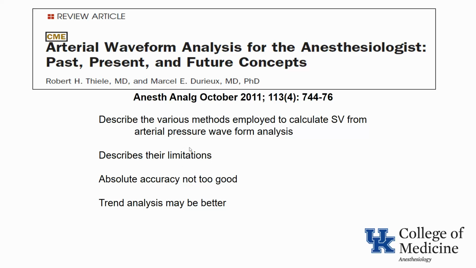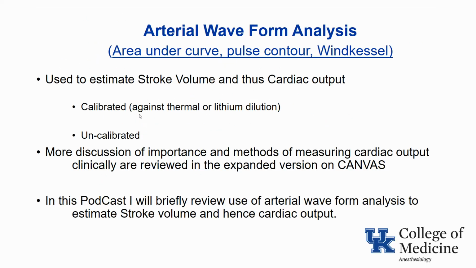This is a nice review article which discusses the arterial waveform analysis and its applications. As I mentioned, the area under the curve can be used to estimate stroke volume and thus cardiac output.